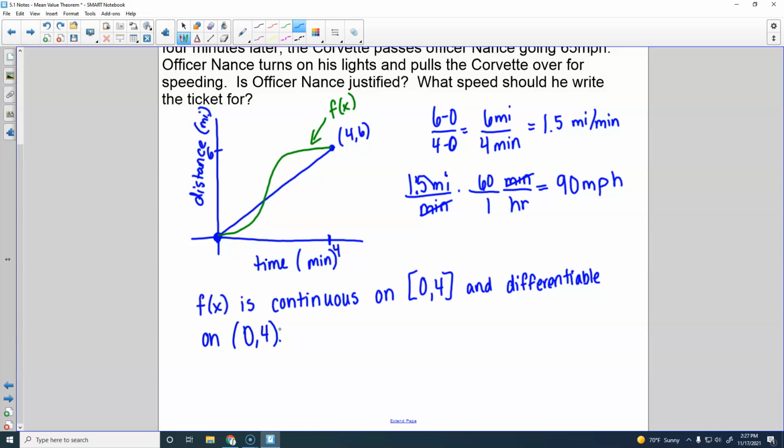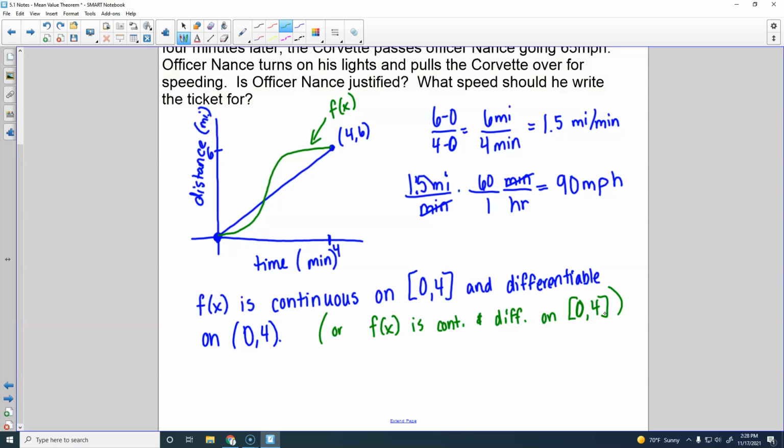It is okay to just say it's continuous and differentiable on the closed interval. So I'm just going to put it over here to the side. Or we could say f of x is continuous and differentiable on [0, 4]. Because in most cases you're going to see it's continuous and differentiable on the closed interval.